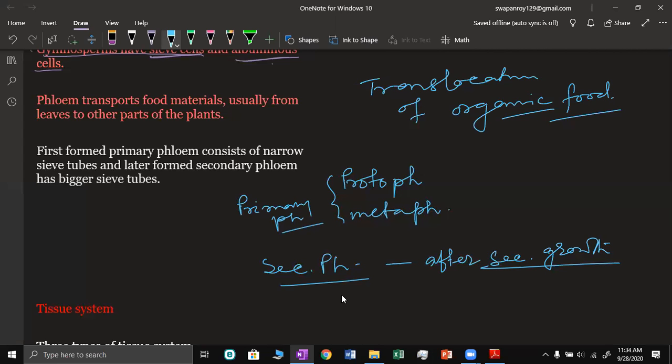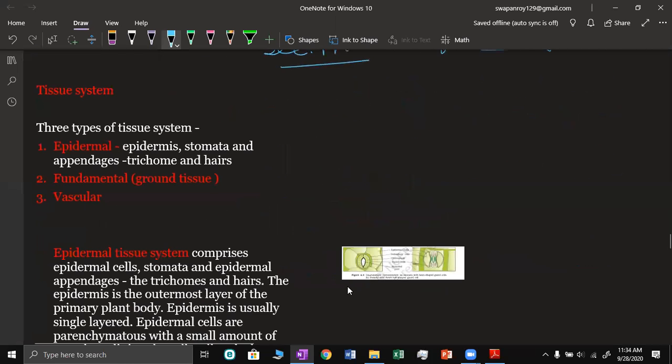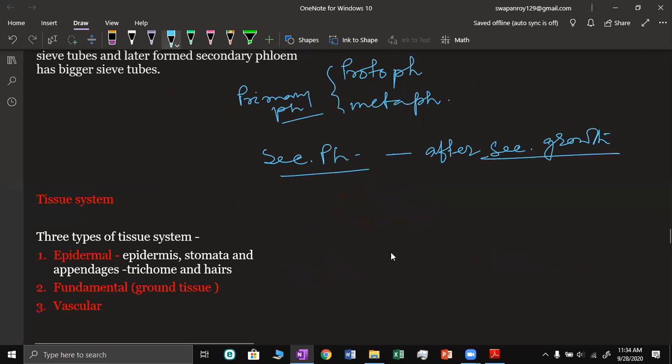Now after this complex tissue, as I told before, there are different levels of organization. There is the molecular level. After that we have the cell level, cells organize to a higher level, that is the tissue, and several tissues form the tissue system.